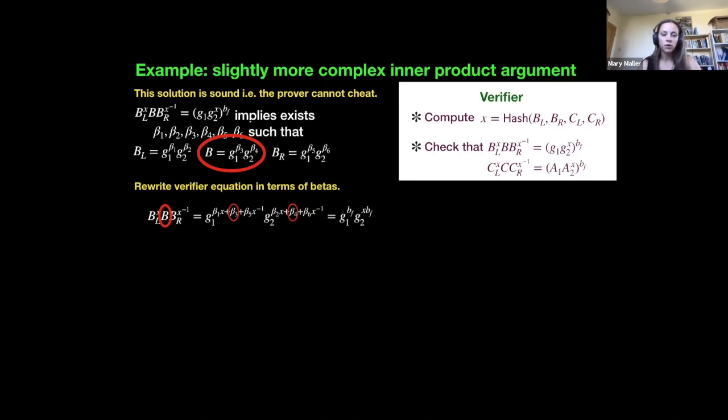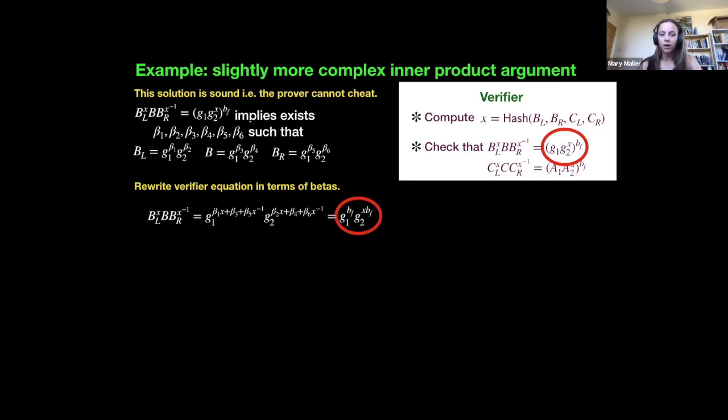So here we're just going to have a g1 to the power of beta 3 term and a g2 to the power of beta 4 term. With BR to the power of x to the minus 1, we're going to have g1 to the power of beta 5 x to the minus 1. That's going to be our first term. And for our second term, we have g2 to the power of beta 6 x to the minus 1.